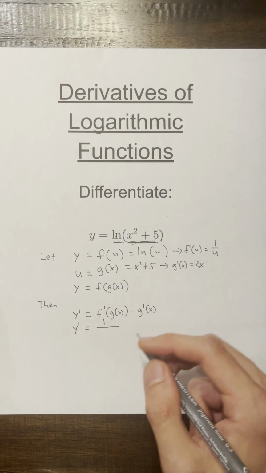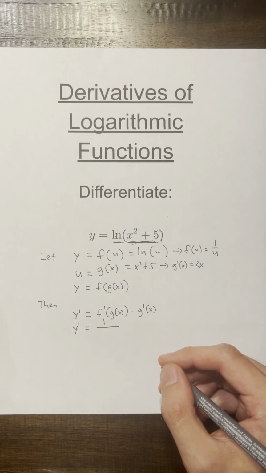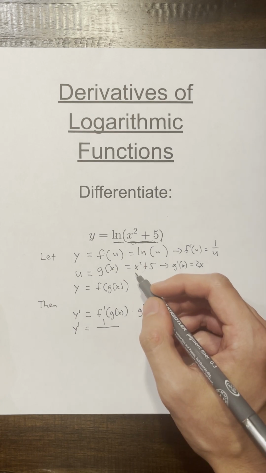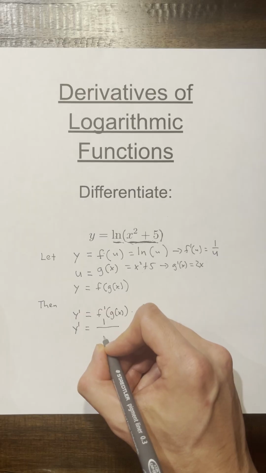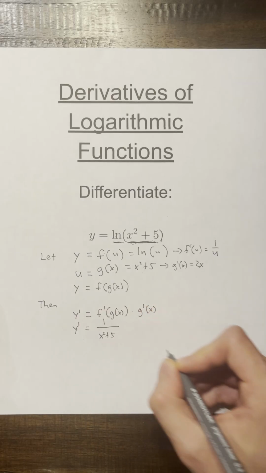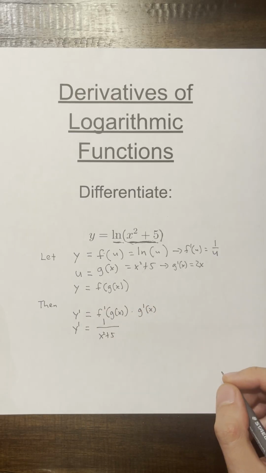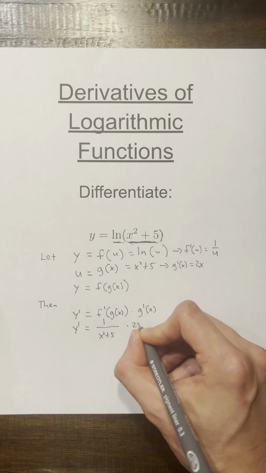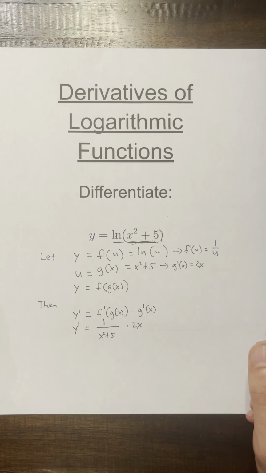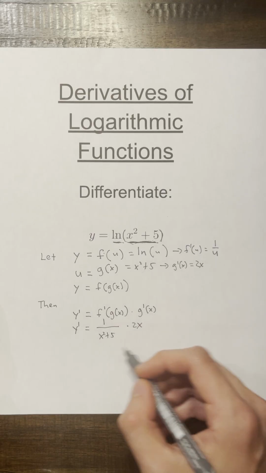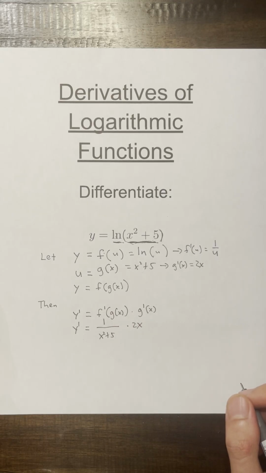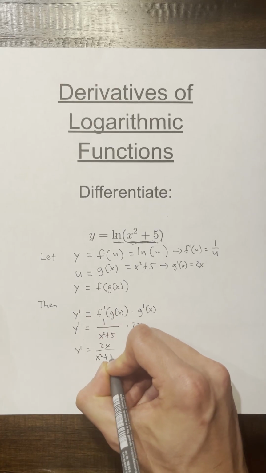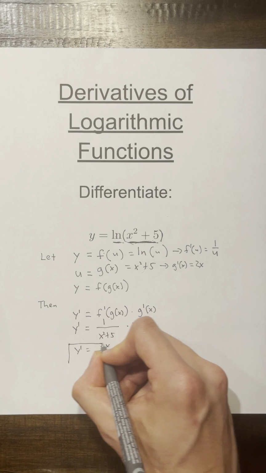And g of x was how much? X squared plus 5. What was g prime again? Okay, so times 2x. All right, how do I simplify this? Y prime equals 2x over x squared plus 5. This is your answer.